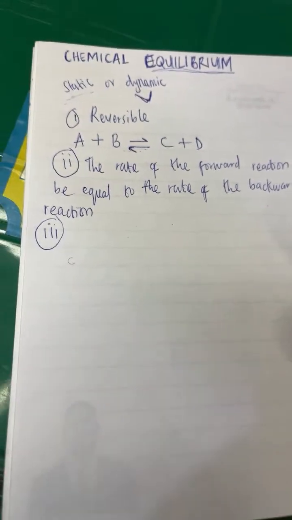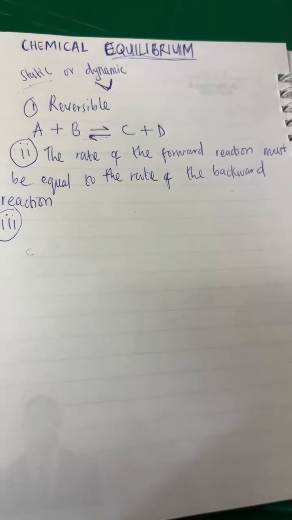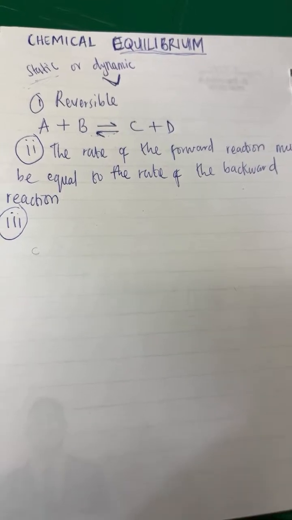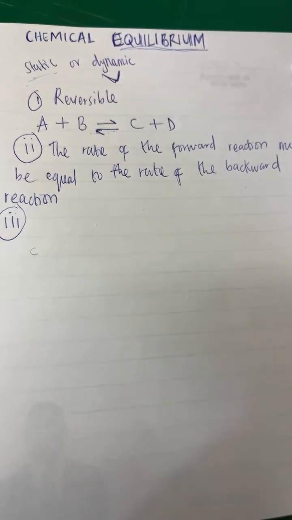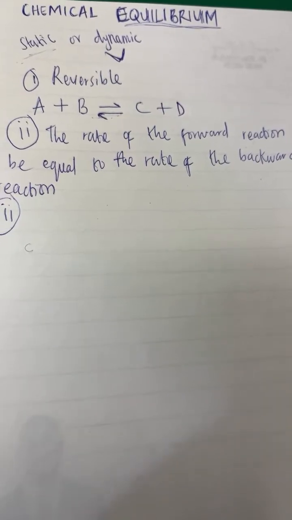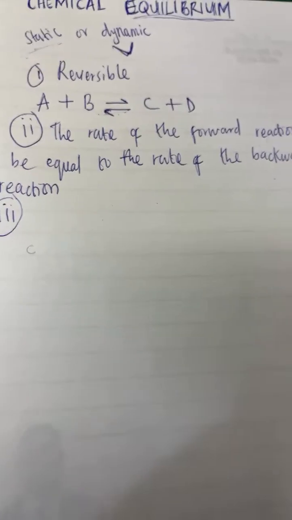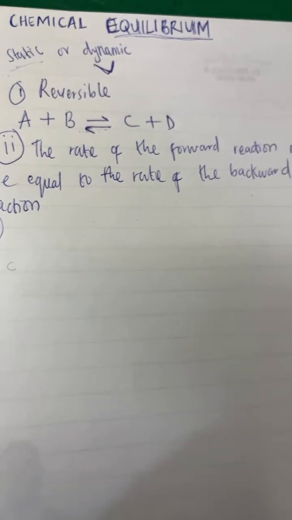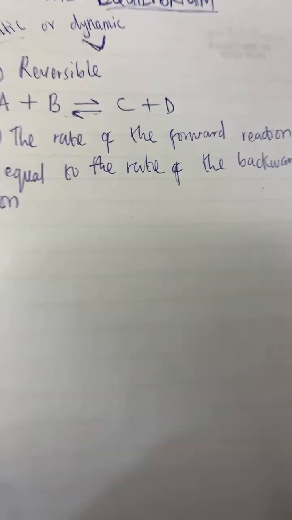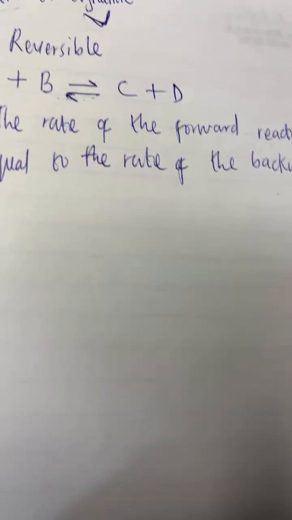These are questions that JAMB can just ask, like: for a reaction at equilibrium, is the rate of the forward process equal to the backward process? That's just how it will be. So the rate of forward reaction must be equal to the rate of backward reaction, right?